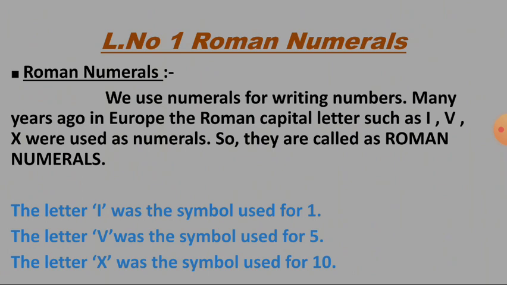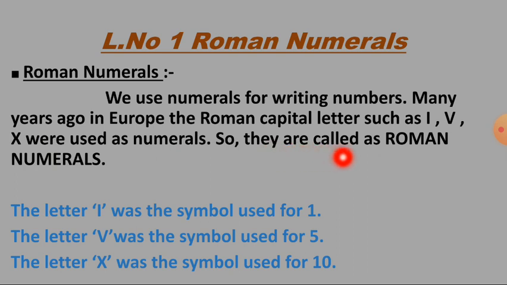Before starting with the problem set, there are some things you have to write about the Roman numerals. On the first line, write Roman numerals. On the next line, write the definition of Roman numerals. We use numerals for writing numbers. Many years ago in Europe, the Roman capital letters such as I, V, X were used as numerals.